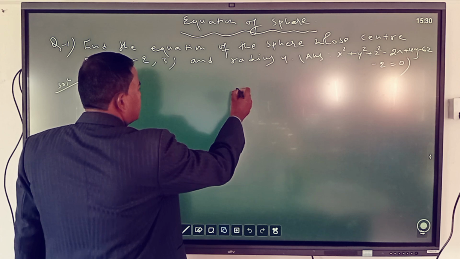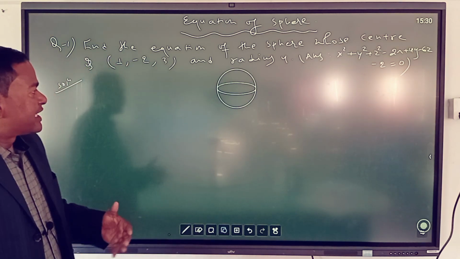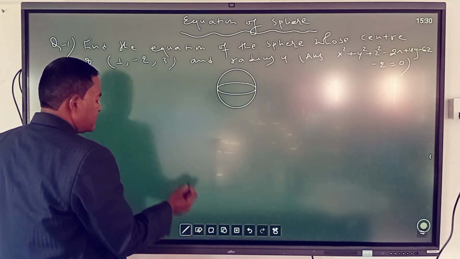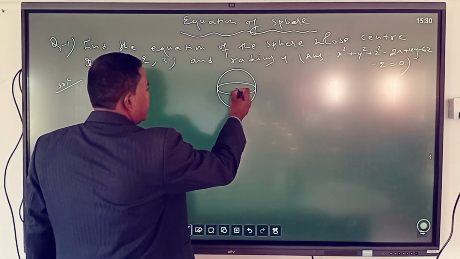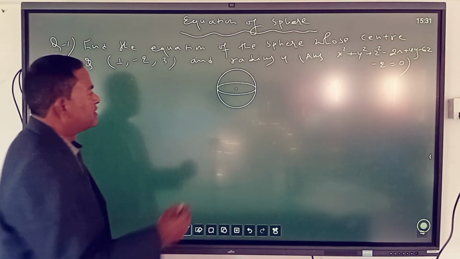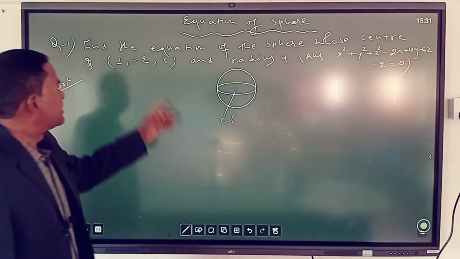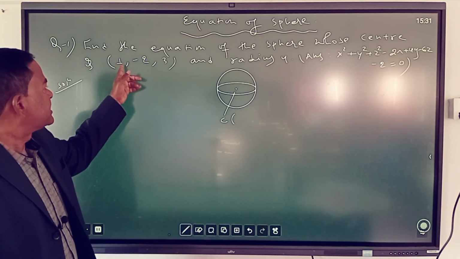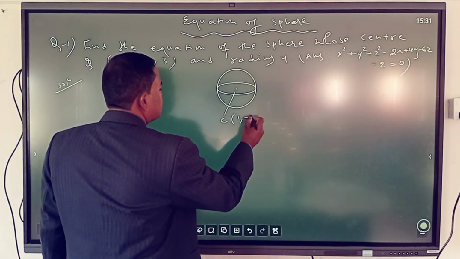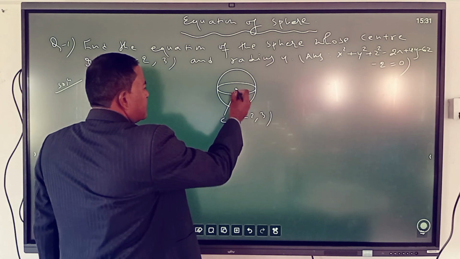Dear student, the center of the sphere is given. Let's represent the center of the sphere by the letter C. The coordinates of the center of the sphere are given as 1, minus 2, 3. This is the center of the sphere.